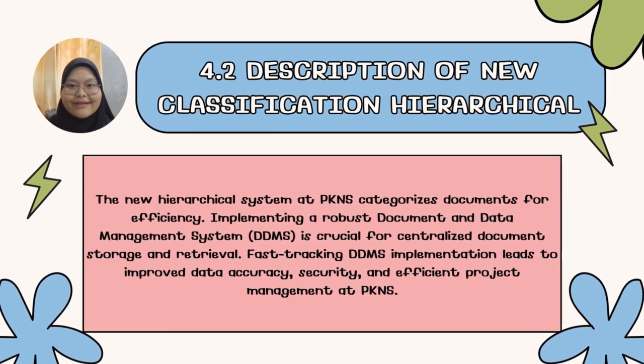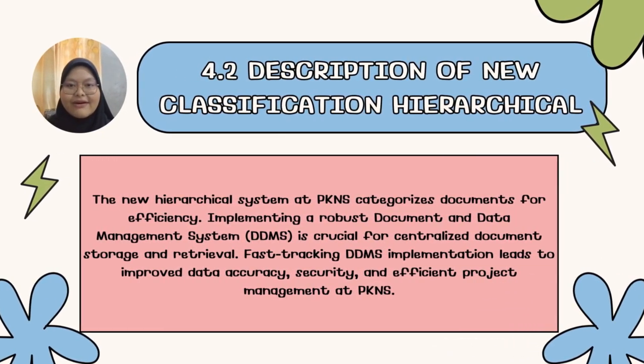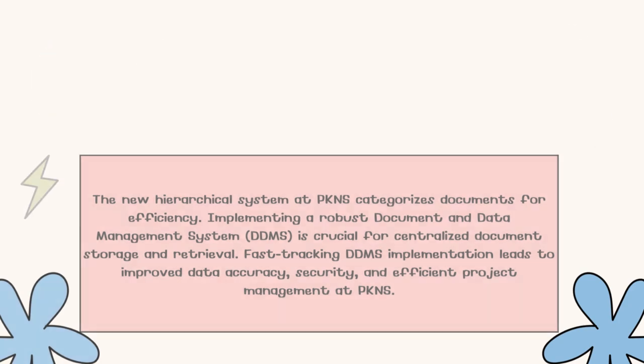The reason the hierarchical system at Pkns organizes documents systematically is to enhance efficiency. The implementation of a strong document and data management system, DDMS, is essential for centralized storage and retrieval of documents. By expediting the DDMS implementation, Pkns can enhance data accuracy, security, and streamline the project management process.